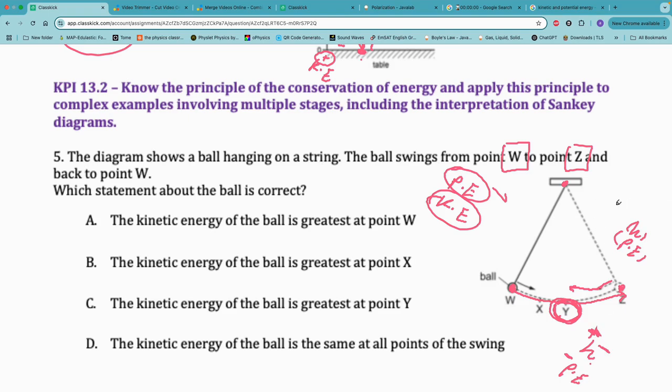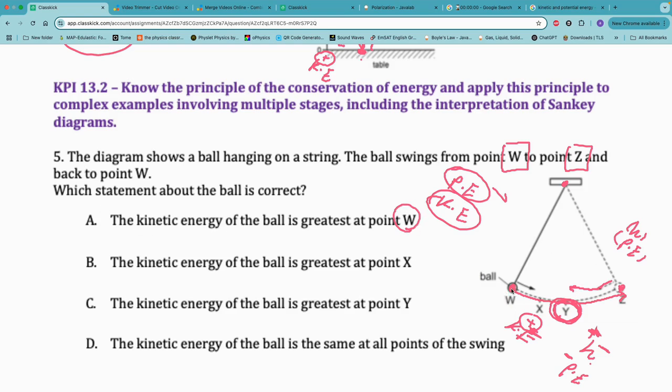Conversely, kinetic energy increases. So, which one of these options is correct? The kinetic energy of the ball is the greatest at point W. Is it correct or not?